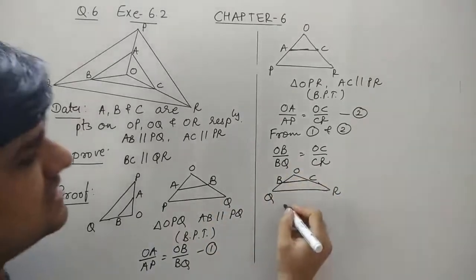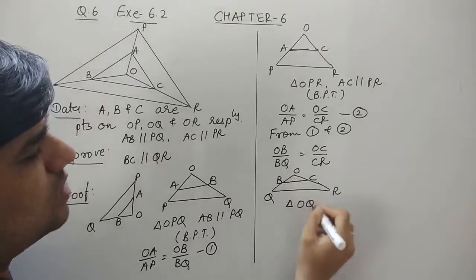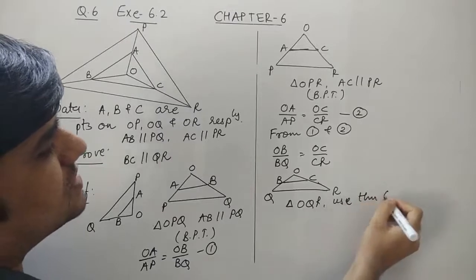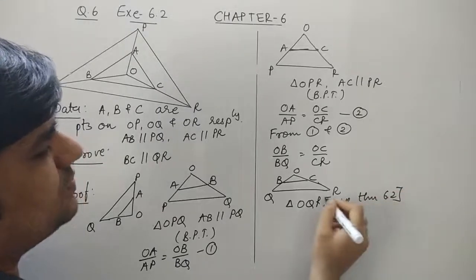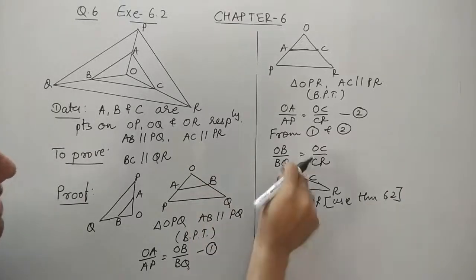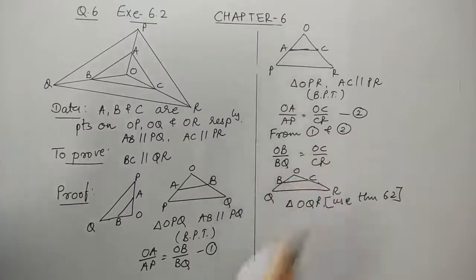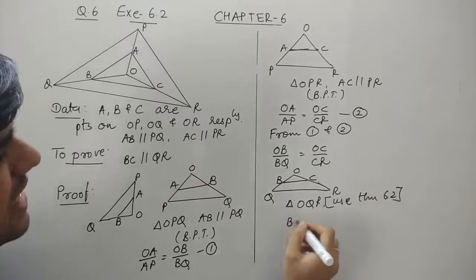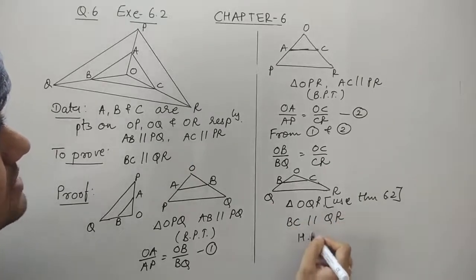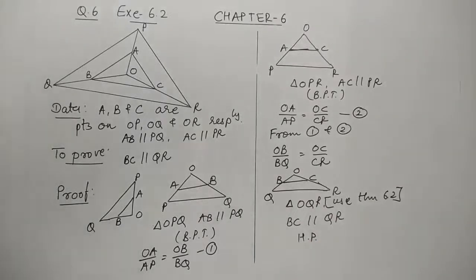So we can see that for triangle OQR, we'll use theorem 6.2, which is the converse of BPT, that is the basic proportionality theorem. These two side ratios are equal. So we can say that BC is parallel to QR. Hence the question is proved.